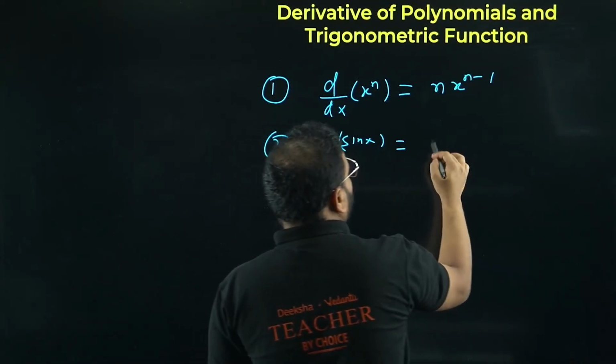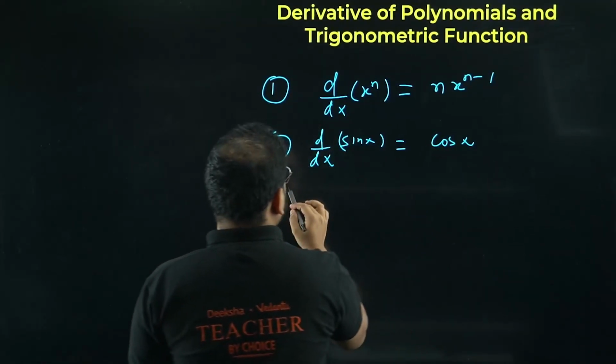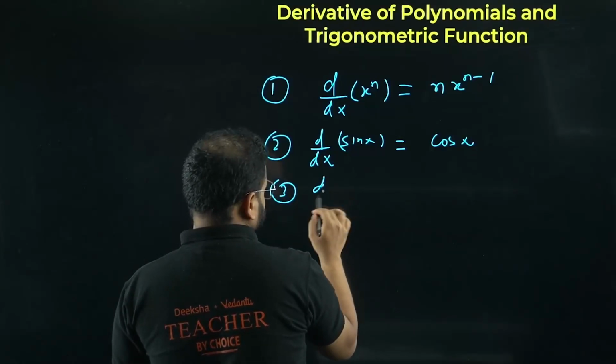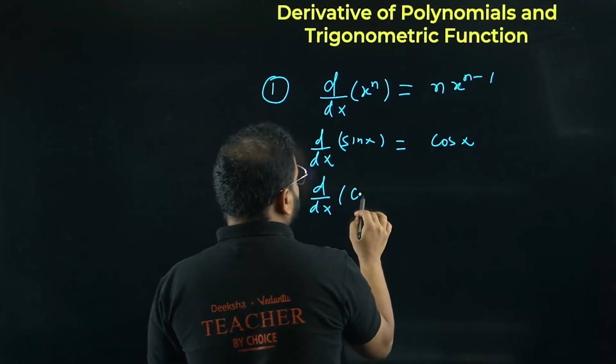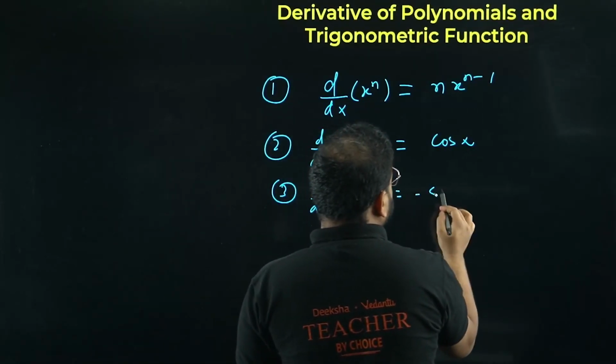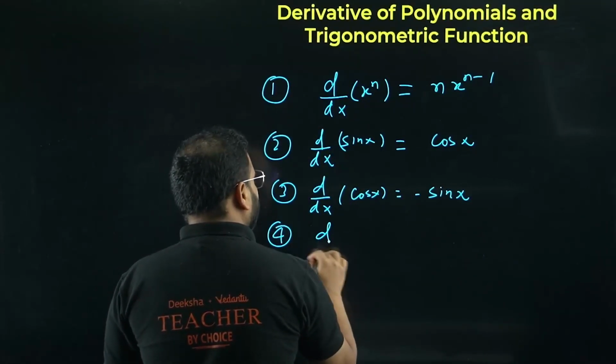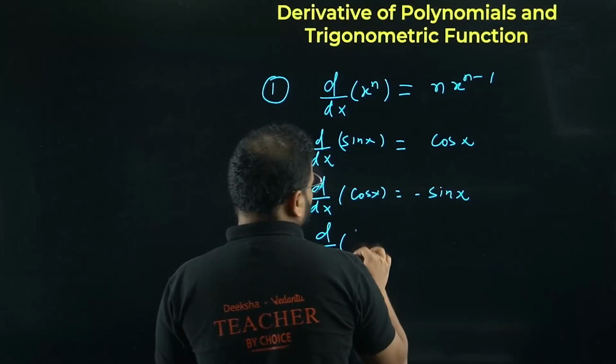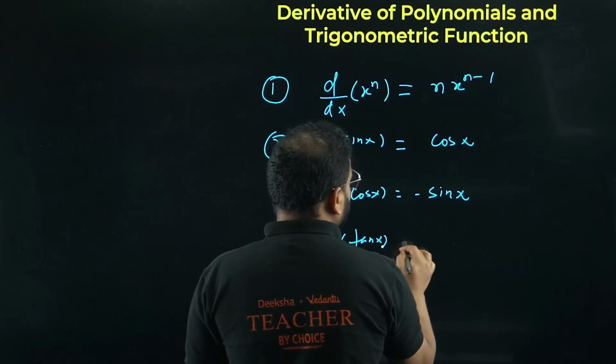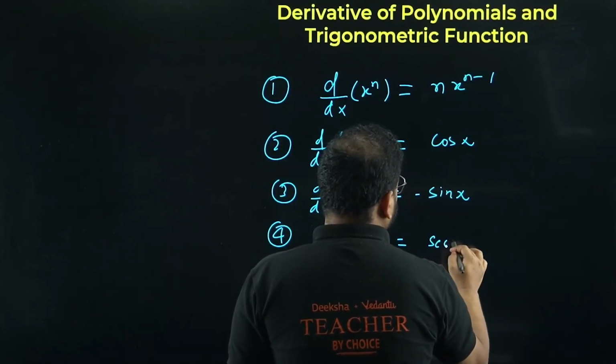It will become cos x. If I have to find derivative of cos x, I have this as minus sin x, okay. Fourth one, derivative of tan x, will have this as sec square x.